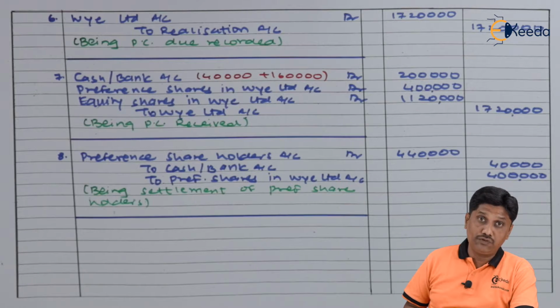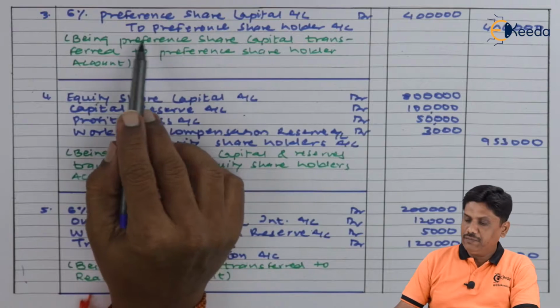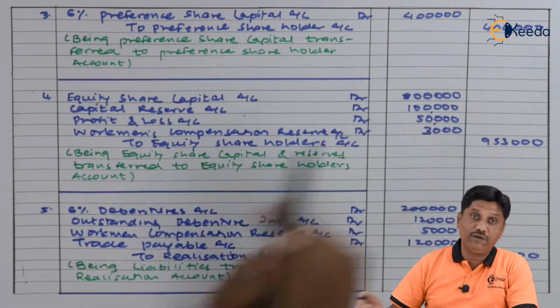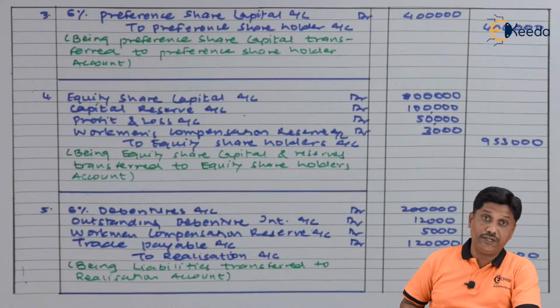Let us see how much amount was due to them. As per entry number 3, how much amount is payable? 4 lakh, but we overpaid them. We paid them 4,40,000. So whatever extra paid will be debited to realization account and credited to the preference shareholder.